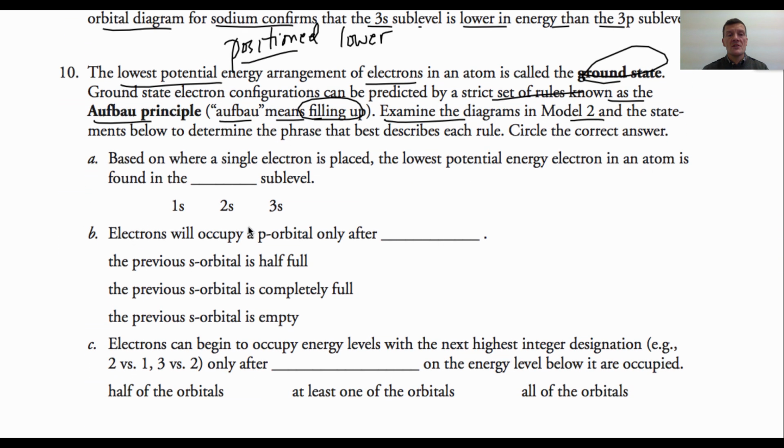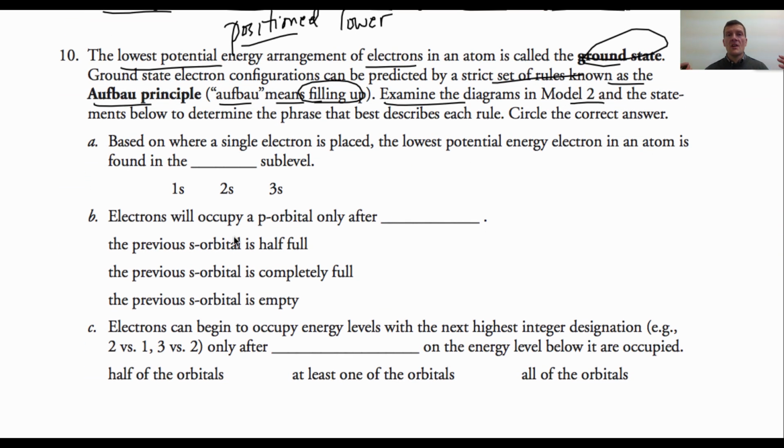Circle the correct answer. So let's just go through a set of rules to help you understand how we are going to fill these orbitals. And therefore, remember, this is always in the ground state. The electrons are in the lowest energy position possible. We're going to fill these orbitals following a set of rules.